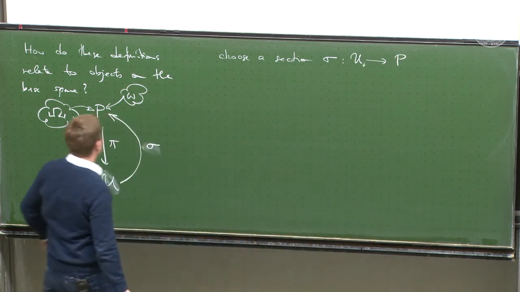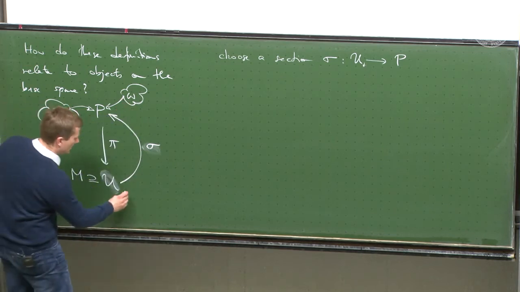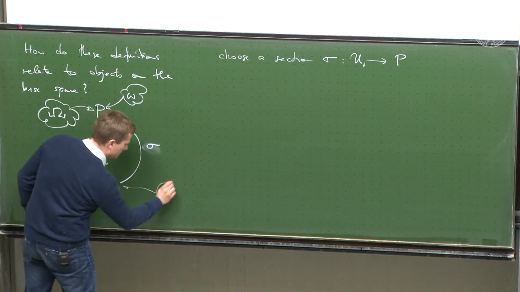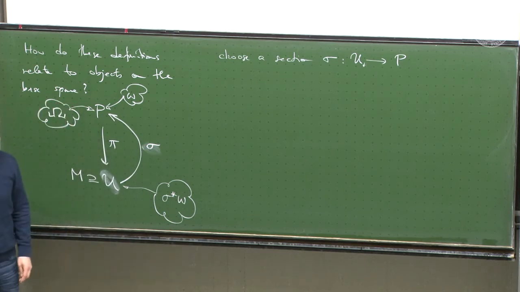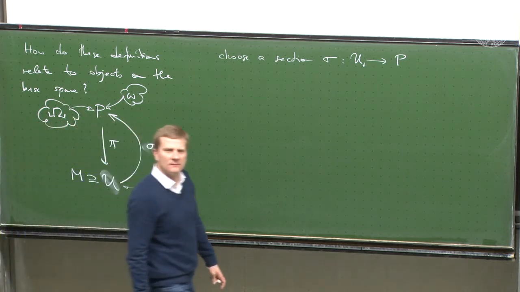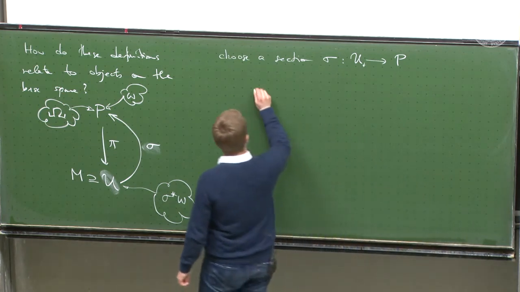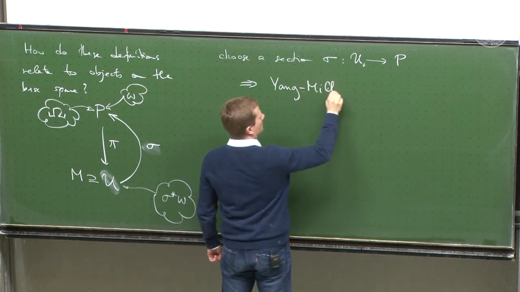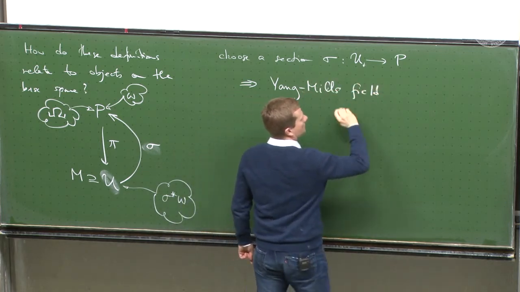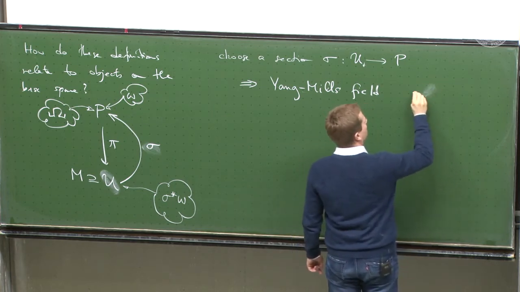And then, of course, you remember what is the pullback of the connection 1 form under this section. How did we call that guy? The pullback of the connection 1 form, locally? Pardon me? It's the Yang-Mills field, exactly. And that induces a Yang-Mills field, and maybe we could call this gamma.